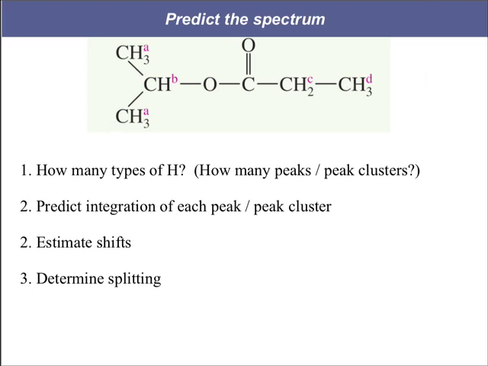So our D's are next to 2. Being next to 2, they should split into a triplet. So the D's should appear as a triplet. Our C's are next to 3. It should split into a quartet. So we should have a triplet from our D's and a quartet from our C's.